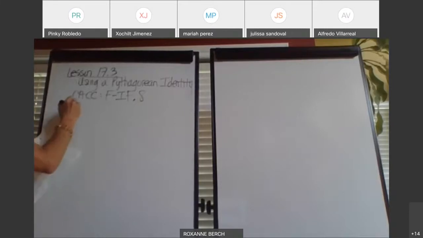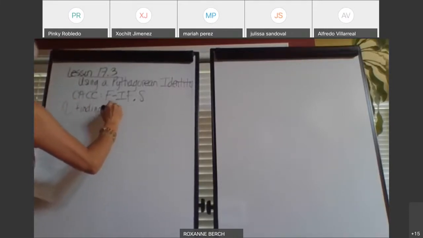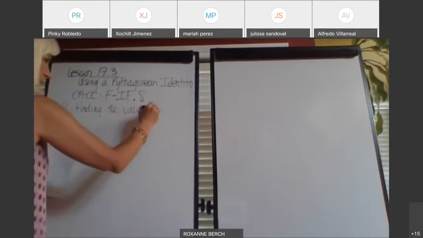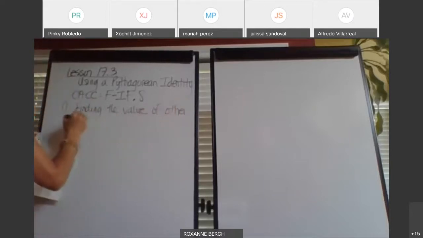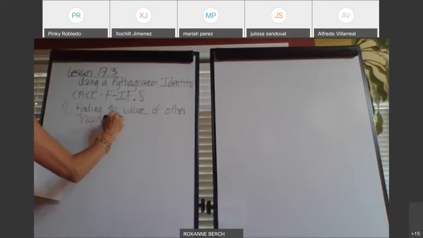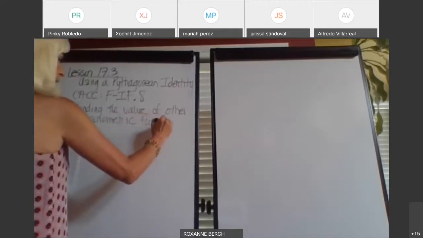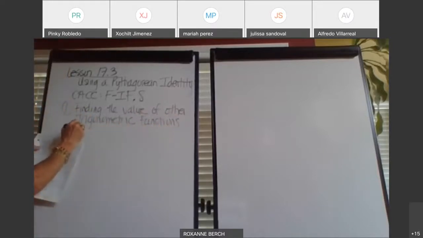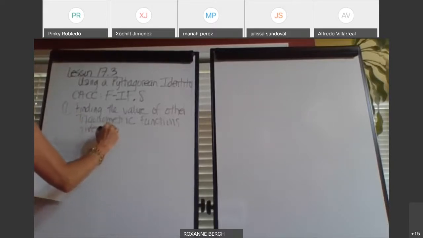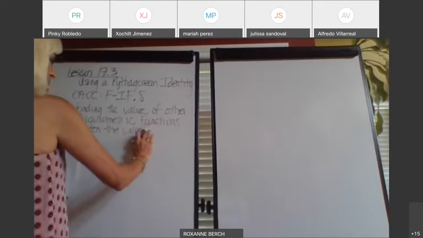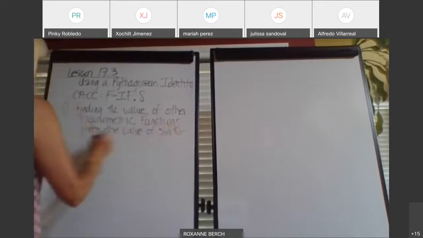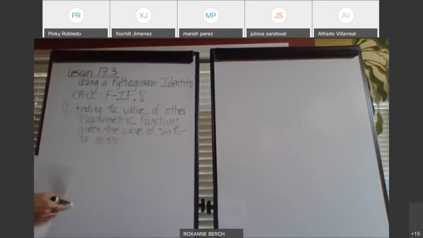Okay, so here we go. So you're going to find the value of other trig functions given the value of sine of theta, which is the y value, or cosine of theta, which is the x value in the ordered pair.